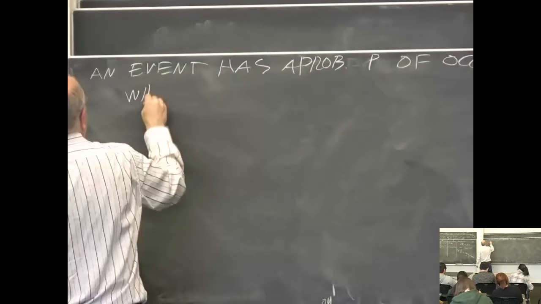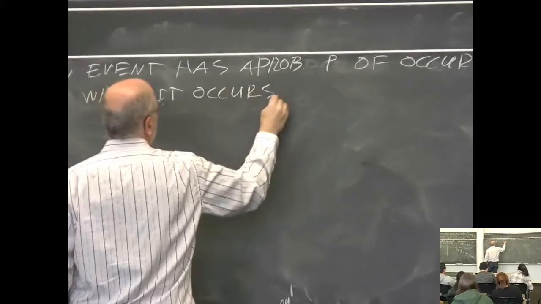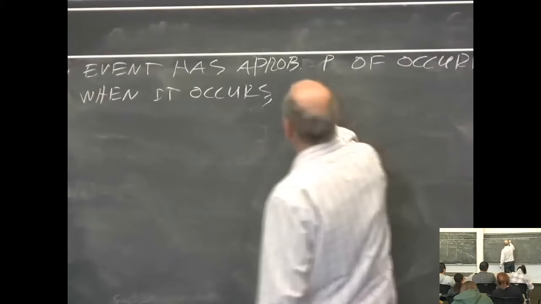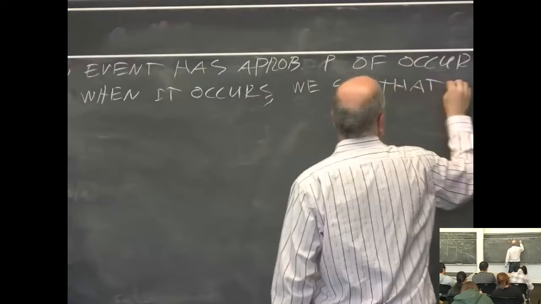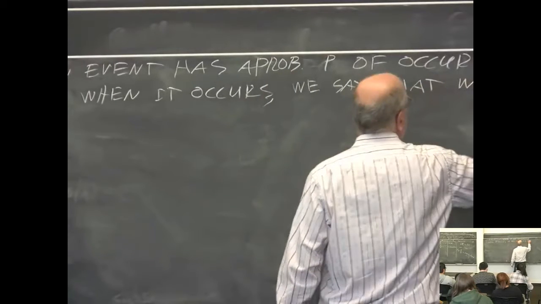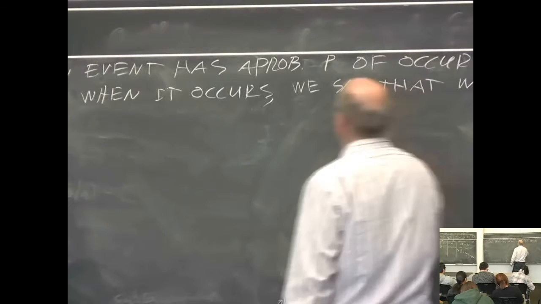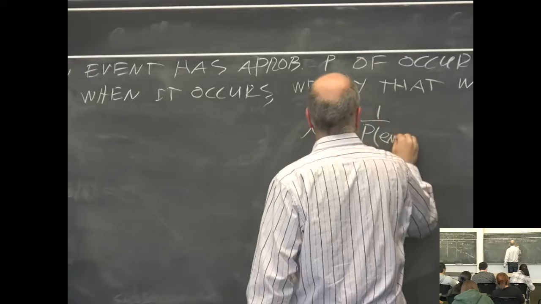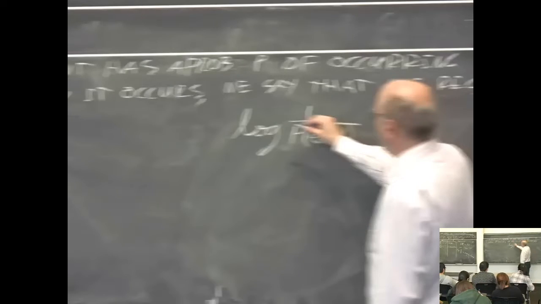When it occurs, we say that we received this many bits of information: log of 1 over the probability of the event.